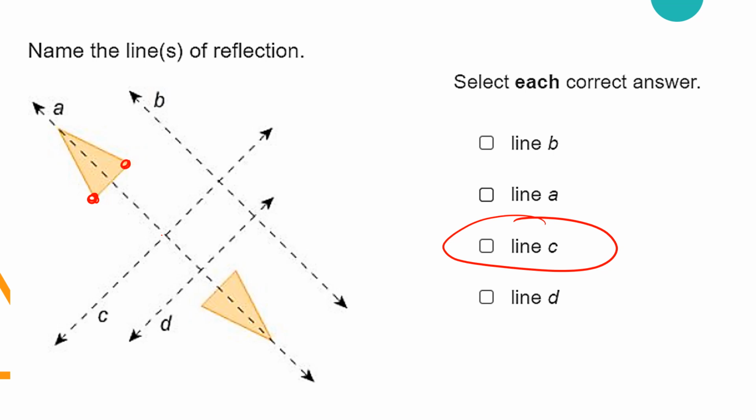So like these two are the same distance away from line A, and they're perpendicular. This point here and this point here, same distance away from line A, and it's perpendicular. So line A would also be an example of a line of reflection.